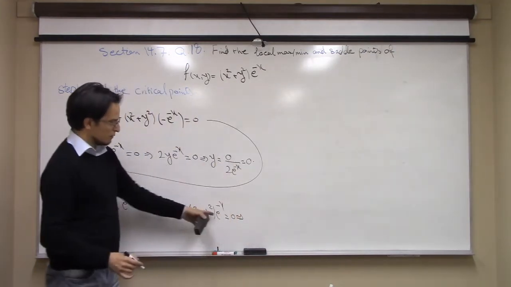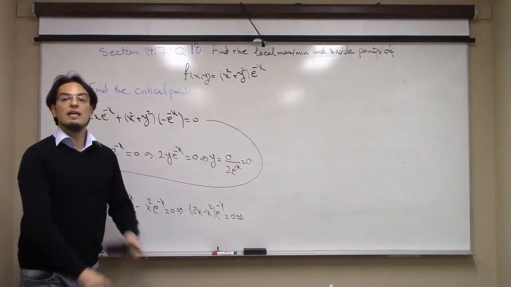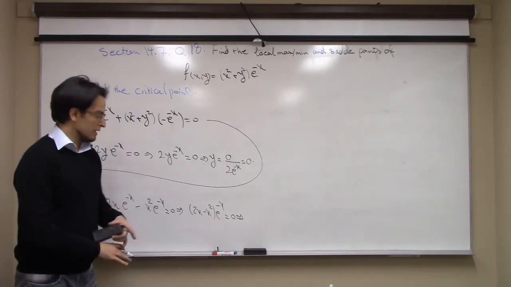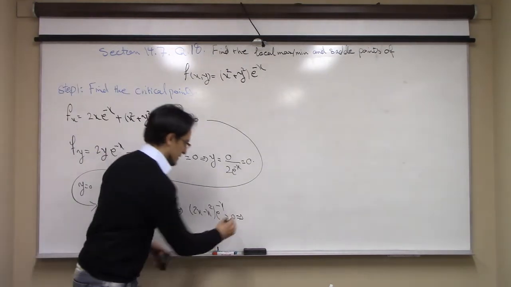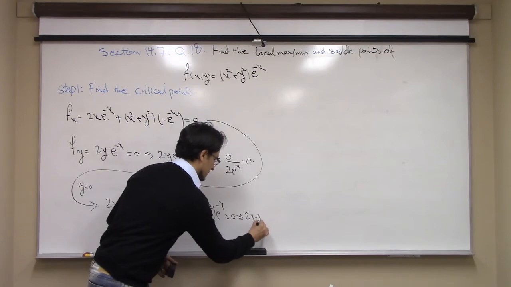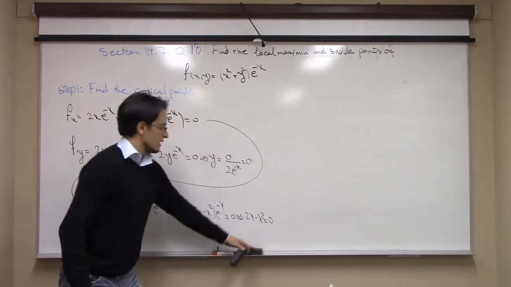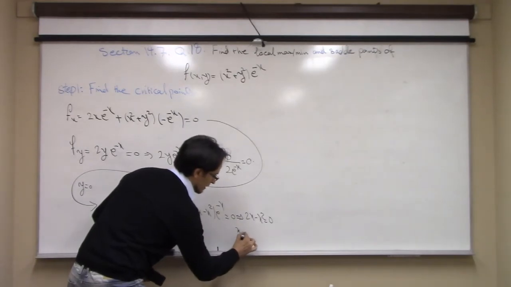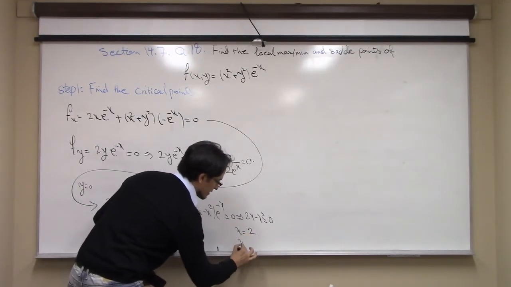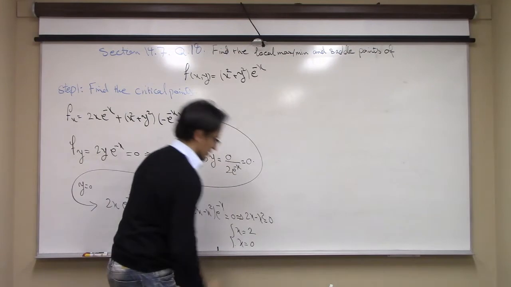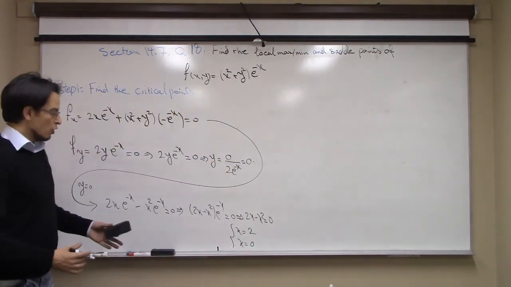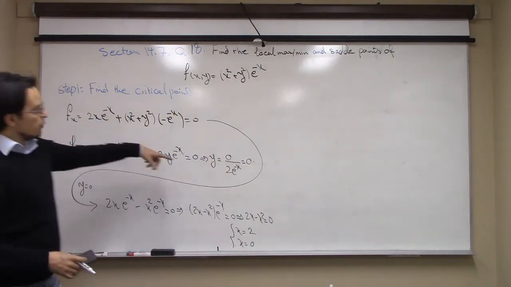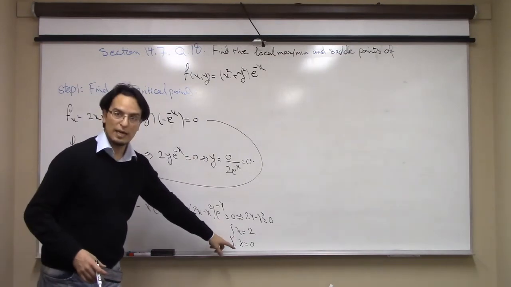The same argument works here: e to the negative x never gets the 0 value. That means I can do 2x minus x squared is equal to 0, and solve this one, which gives me x equals 2 or x equals 0. So I have one value for y, two values for x.